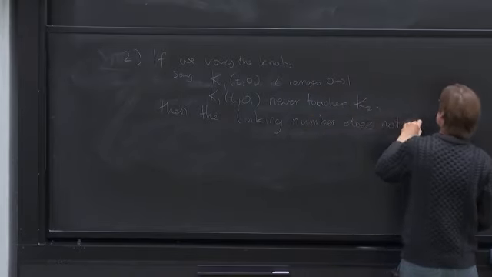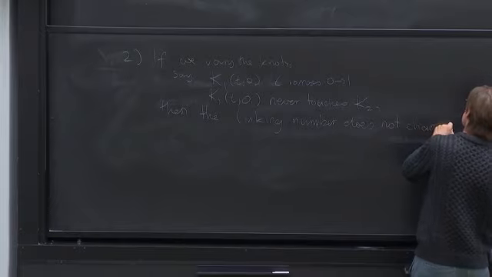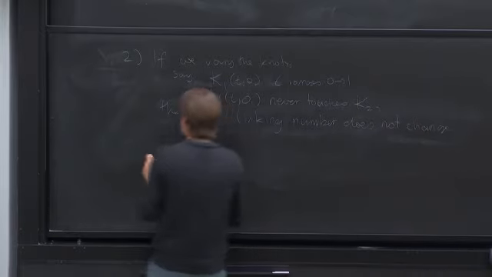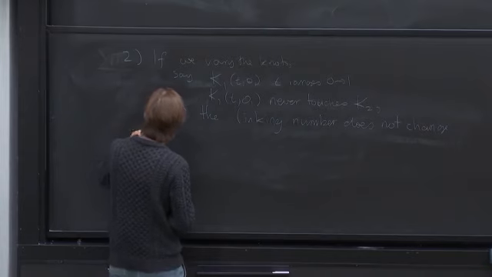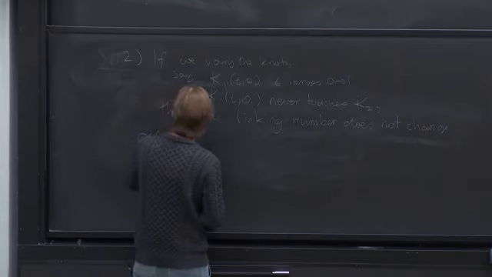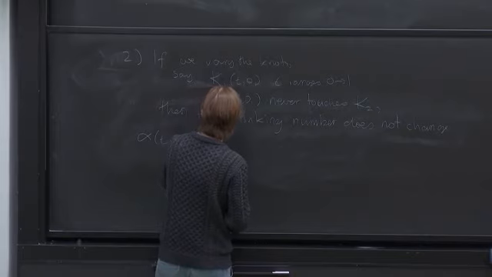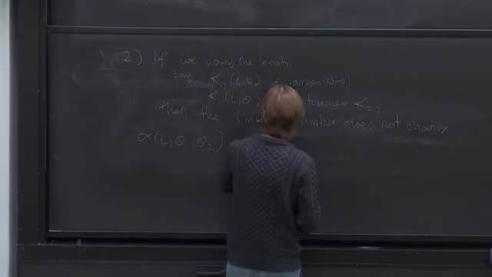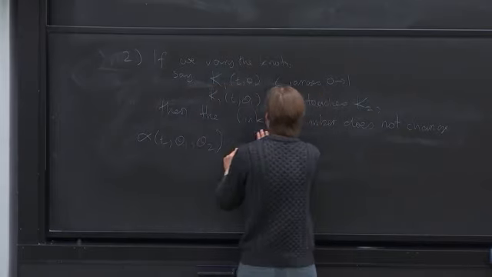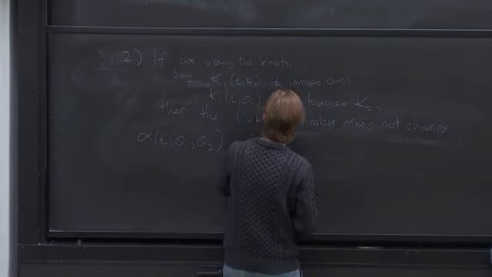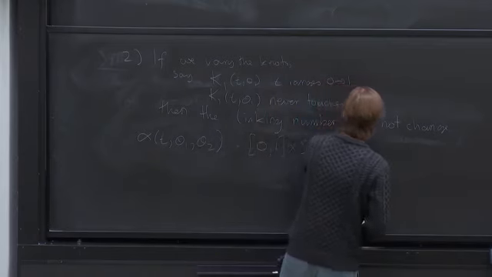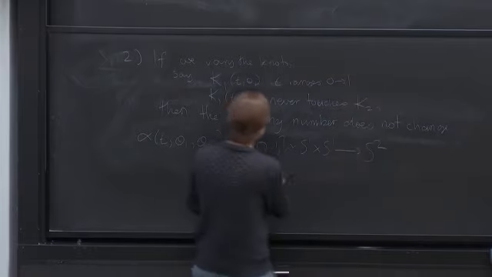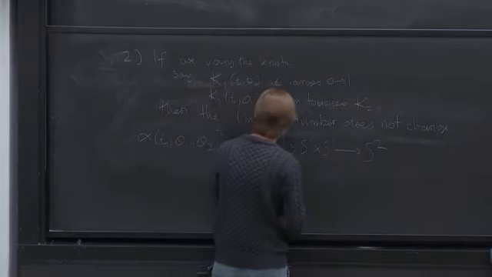So this is because we can consider a map alpha of t, theta 1, theta 2 from S1 times S1 times the interval to S2, where this interval has coordinate t.